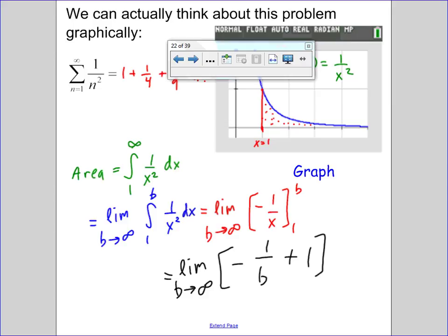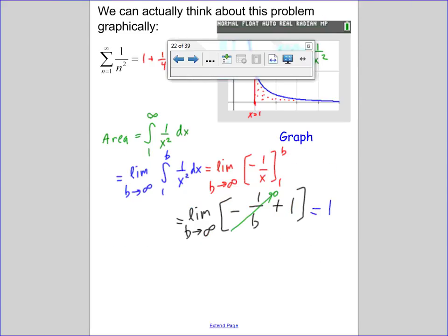You bet your boots. As b goes to infinity, what happens to this fraction? Goes to 0. This means that this improper integral equals a finite value, a constant, in this case 1, so the integral converges and the area is finite. In fact, it equals 1.